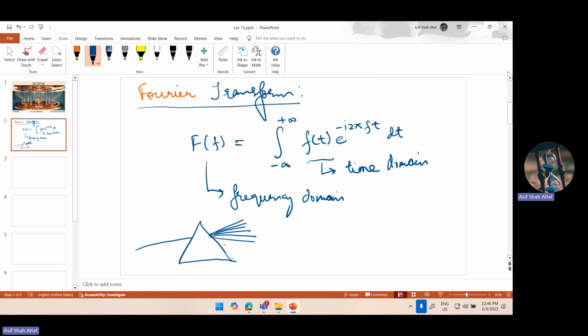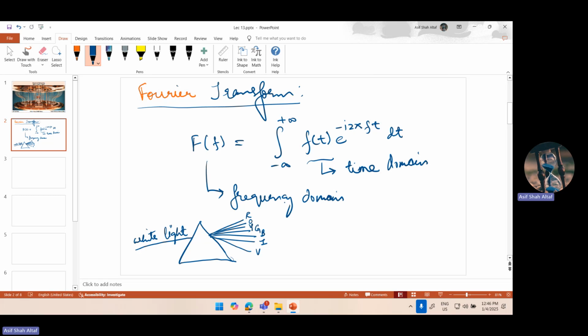It splits it into its constituents, which form the rainbow. So this is the white light. The Fourier transform basically does something similar by using a mathematical tool.